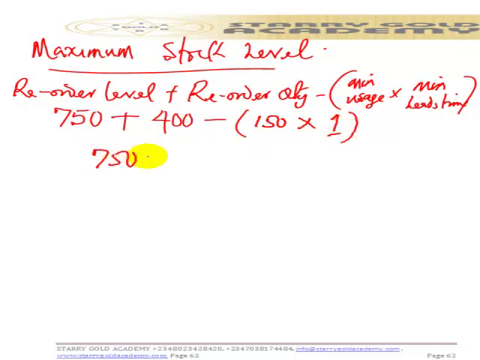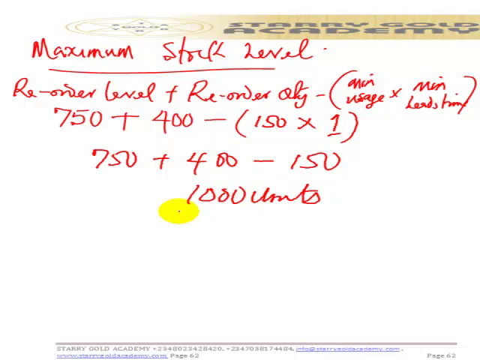So I have 750 plus 400 minus 150. So this 600 plus this 1000. So that's going to be 1000 units.